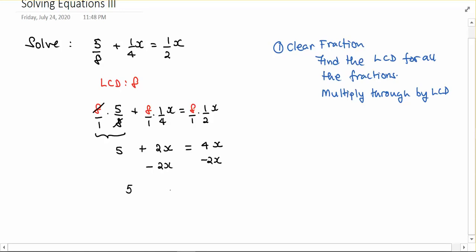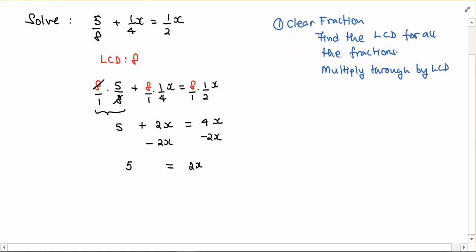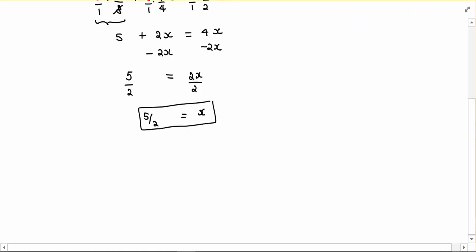And so I have 5 equals 2x, and then I'm going to divide by 2, and I get x equals 5/2. So the big trick was we can clear the fractions by multiplying by the LCD. Let's take a look at another problem.